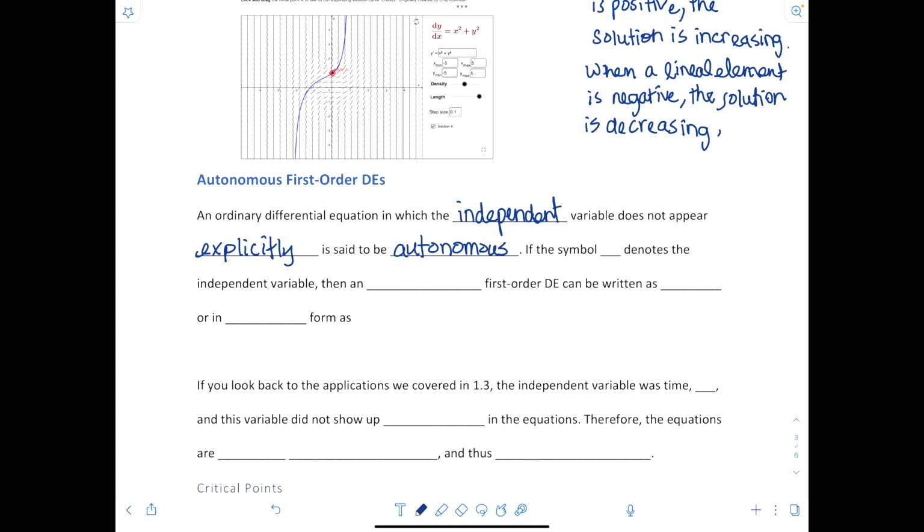If the symbol x denotes the independent variable, then an autonomous first order differential equation can be written as f(y, y') = 0, or in normal form as dy/dx = f(y), because you just have functions of y, there's no x in there.